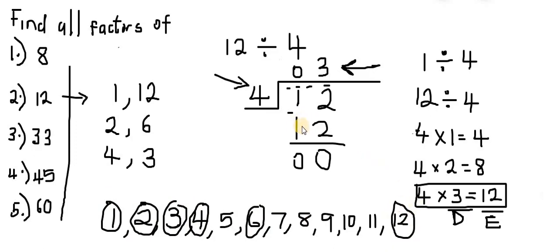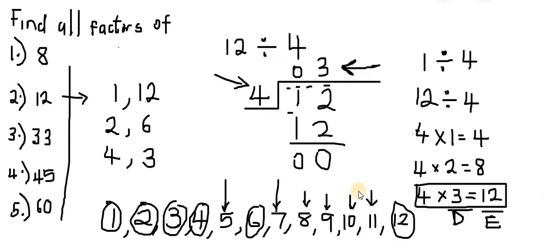If you believe that 5, 7, 8, 9, 10, or 11 is a factor, check it. Okay? 12 divided by 11, and see if you get a remainder.